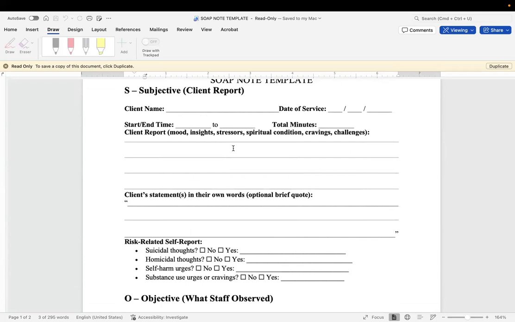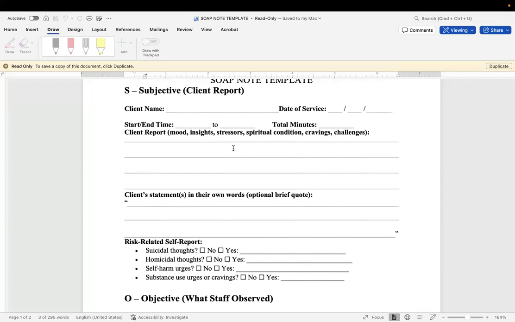Client reported being in a reasonable mood, had decent insight. Stressors, indicated stressors were completing contract work, having to work in the kitchen this afternoon, and not getting to see her family during the family visit, the campus visit.